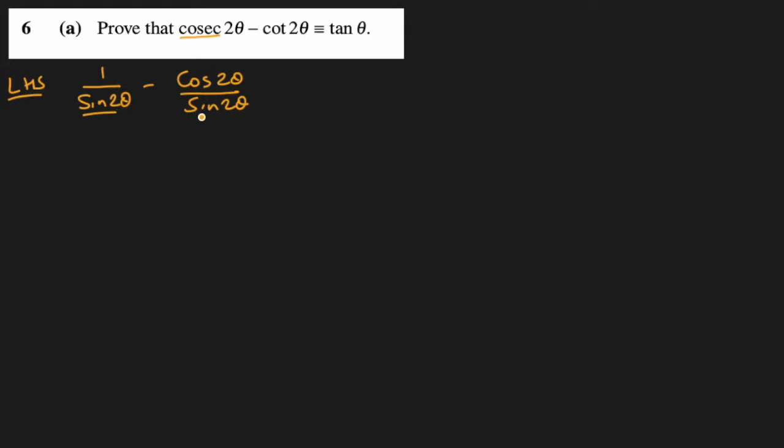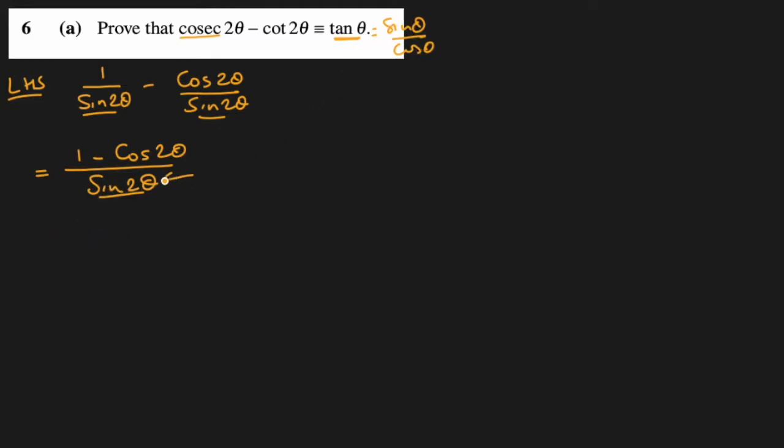So both of them have the same denominator. We can write (1 - cos 2θ) over sin 2θ. Our ultimate aim is to get tan θ, which is sin θ over cos θ. That means this sin 2θ and cos 2θ should be changed to some identity so that we are left with only sin and cos.